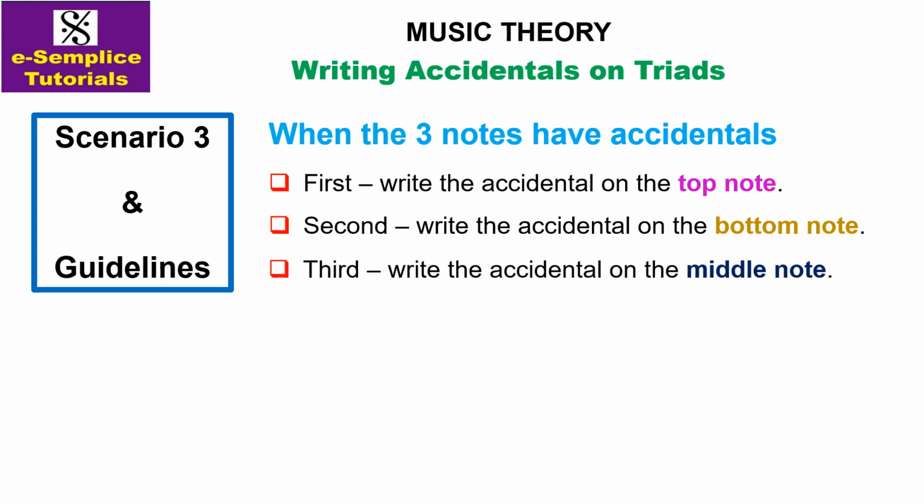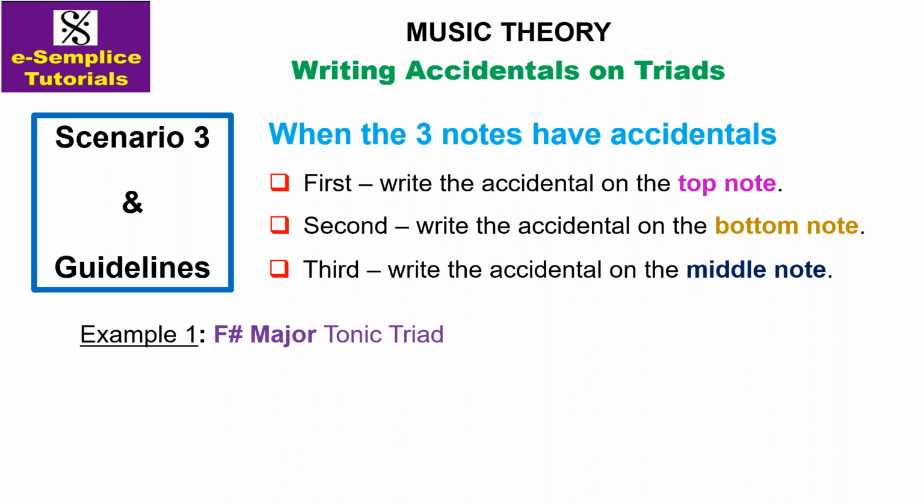Third, write the accidental on the middle note. Follow this order. Whenever the three notes of a triad have accidentals, the top note gets its accidental first, followed by the bottom note before the middle note.